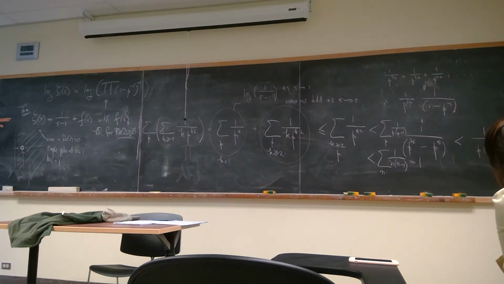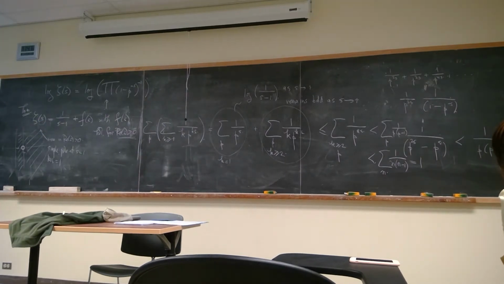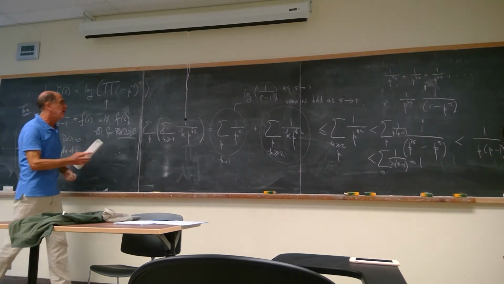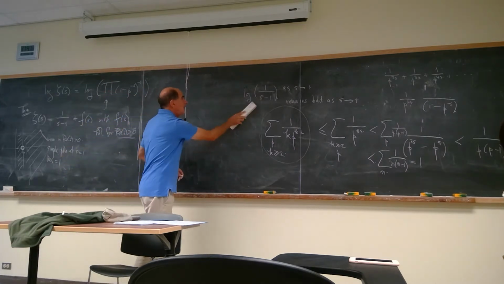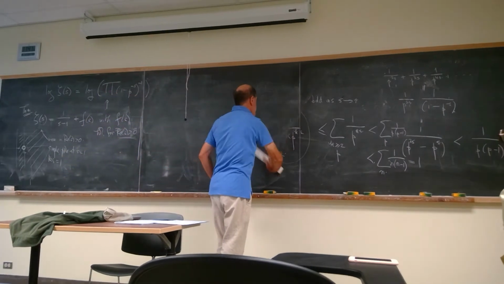In fact, we're going to see later on, when we get to the work of Riemann, that this function has a meromorphic continuation to the entire complex plane. This was outside of the language that Euler spoke. Euler didn't deal in complex analytic functions, and he didn't know about holomorphic continuation or anything like that. That came later with Cauchy and Riemann.